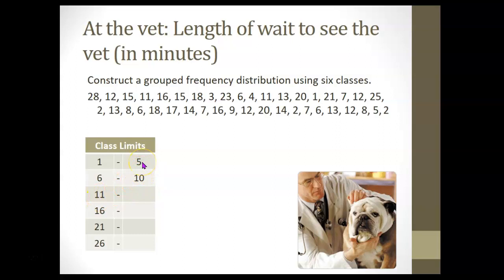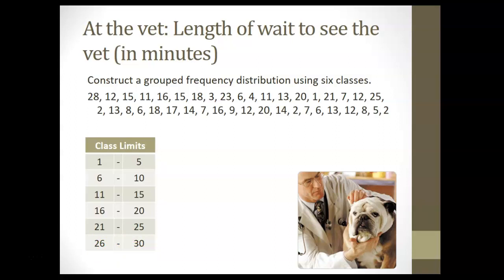And once we have this first upper limit, we can add the width to that to get the rest of them. 5 plus 5 is 10, plus 5 is 15, plus 5 is 20, plus 5 is 25. And what's the last one? 30. Even though the numbers don't go all the way up to 30, we do want this last class to go up to 30 so that it has the same width as all the others.